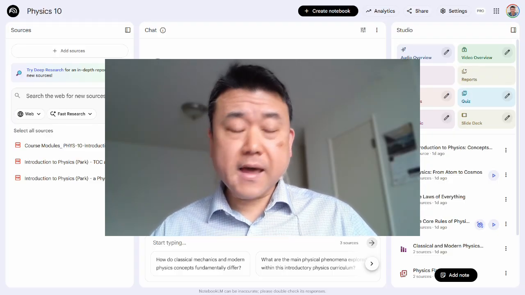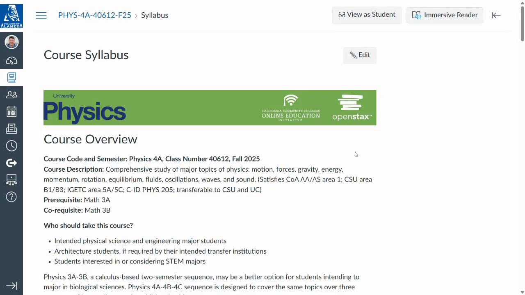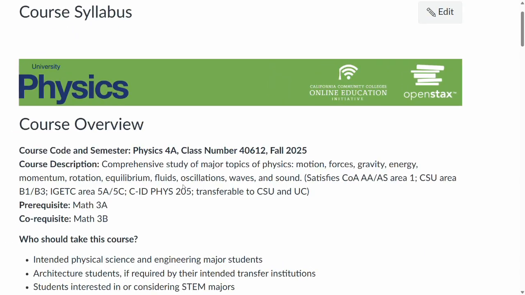And so let me share the grading standard I use for my Physics 4A this semester, fall 2025. I haven't taught Physics 10 in a while, so I need to start putting together the material. I'll have a version of this language in your syllabus, and you can expect to see similar grading standards.